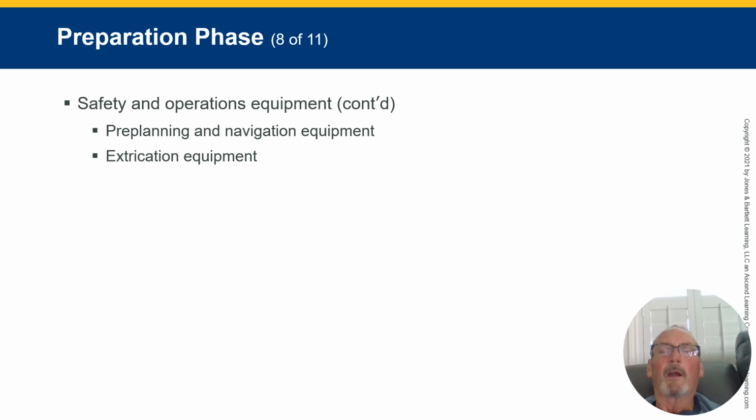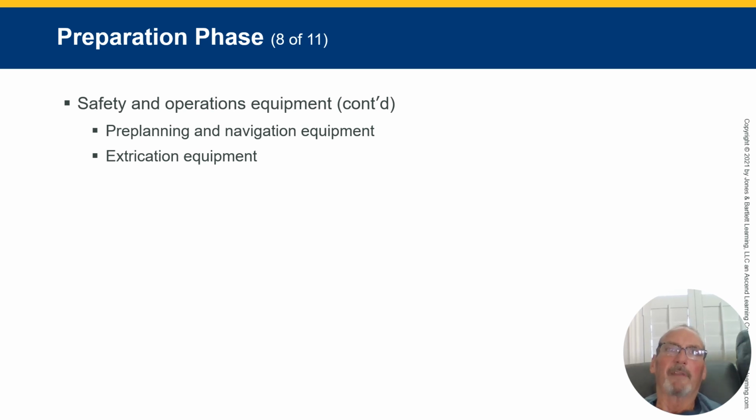Some services require extrication equipment, only because where you respond is nothing but volunteer firefighters. And so they're at their regular job. For them to be able to leave when a call drops for an extrication, they have to leave their place of business.